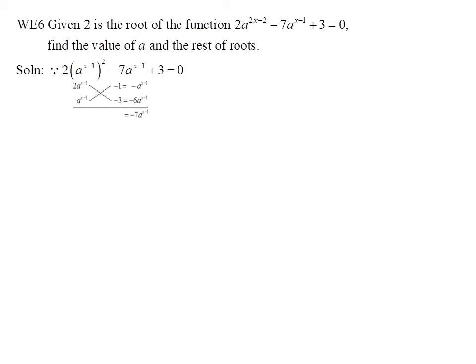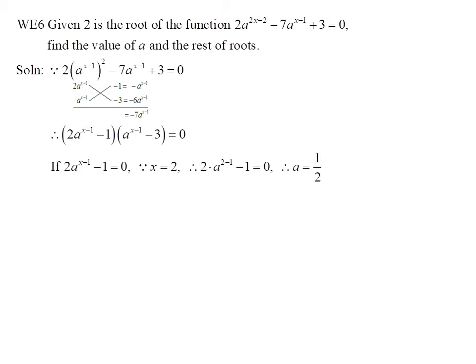After factorizing the quadratic form, we have the factorized equation of 2 times a to the power of x minus 1, minus 1, in parentheses, multiplied by a to the power of x minus 1, minus 3, in parentheses, equals 0.